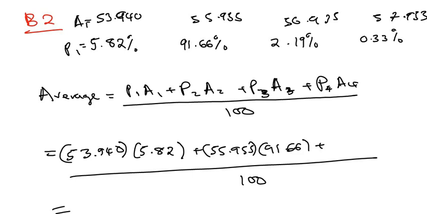That's 53.940 multiplying 5.82, then plus 55.955 times 91.66, then plus 2.19 times 56.935, then plus 57.953 times 0.33, then everything divided by 100. So this is divided by 100.